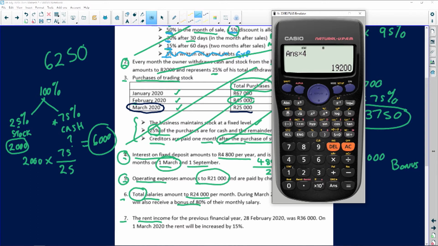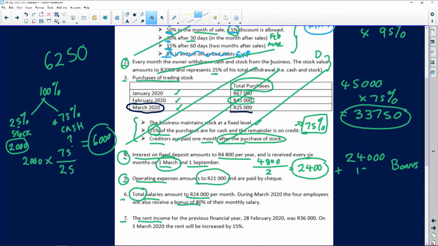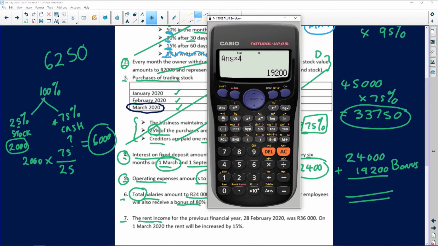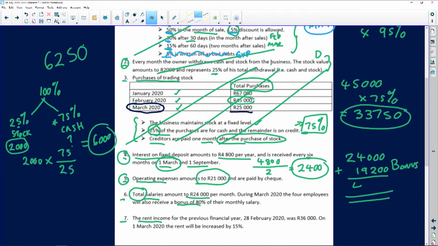So whichever method you chose, you will still get the correct amount. So the total as far as the March salary is concerned will be 24,000 plus 19,200, and the payment from the business's bank account is 43,200, and that's in respect of salary.